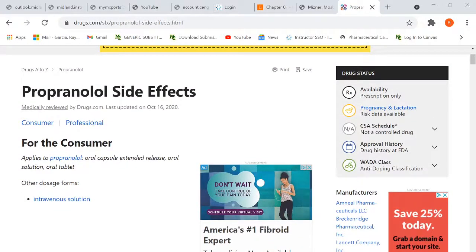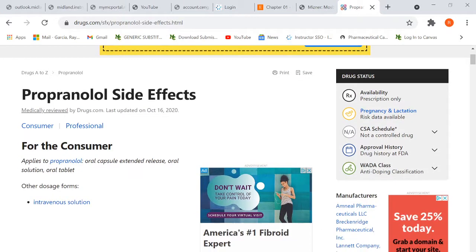So that's a good thing. For the most part, propranolol doesn't show any side effects, which I'm sure there are some, but not, I guess, enough to document. I really couldn't tell you.